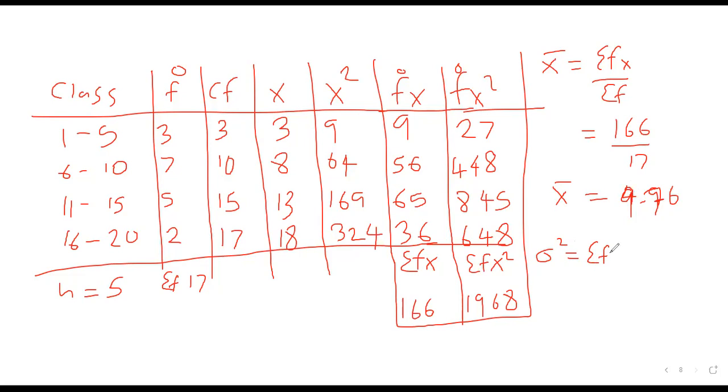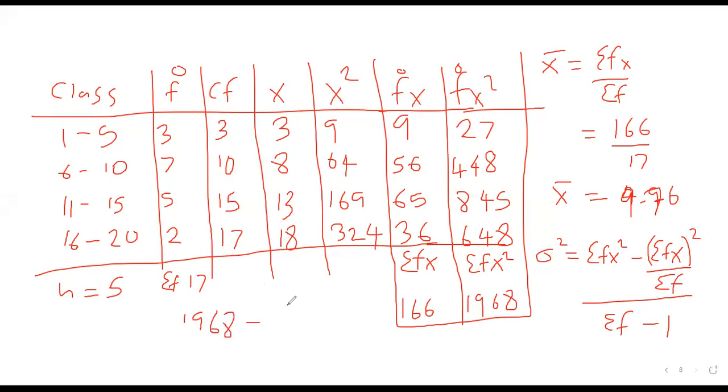Then for the variance, the formula is similar except that we are just adding an f. Summation of fx squared minus summation of fx all squared over summation of f, everything over n. Some formulas just put n there, others will put summation of f minus 1. So the summation of fx squared is 1968.